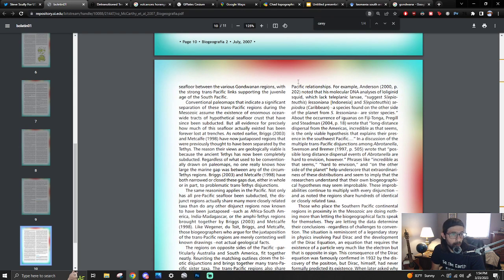At the trans-Pacific relationships, for example, Anderson noted that his molecular DNA analyses of liliginid squid, which lack teleplanic larvae, suggest that Indonesian and Caribbean squids are sister species found on the other side of the planet because the Pacific opened.